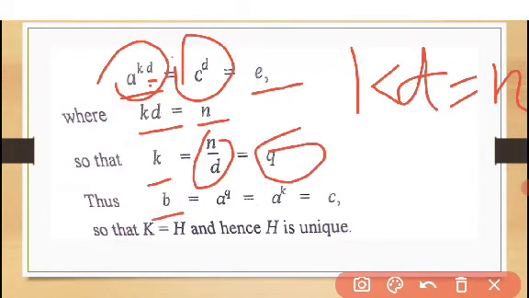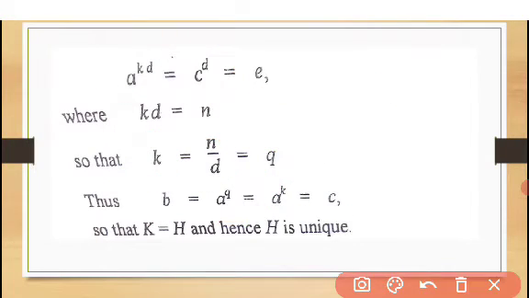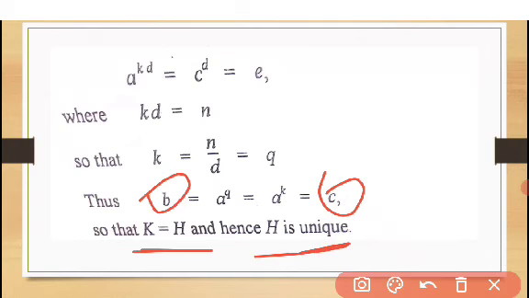So B is equal to A raised to power q, and A raised to power k is equal to C. It means that here we proved that B and C are the same. It means that K and H are the same subgroup, K is not another subgroup, hence proved that H is unique.